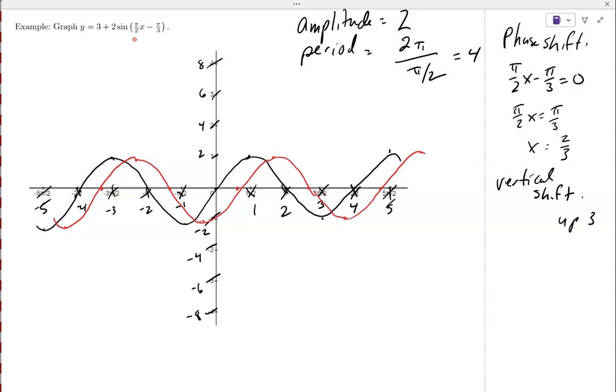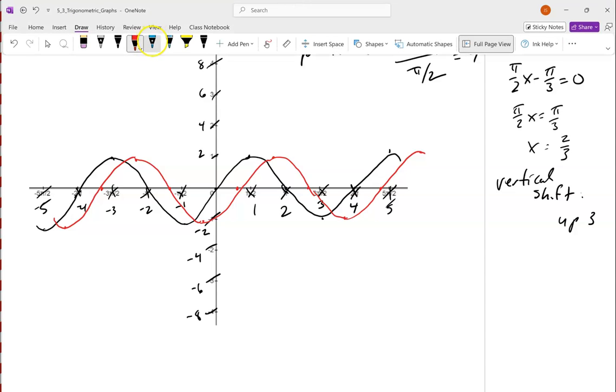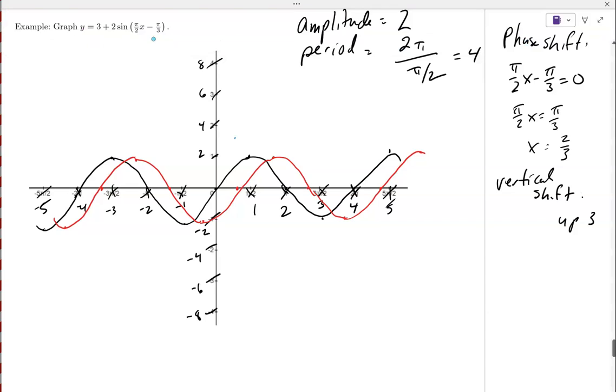And then finally, the last thing we need to do is go up 3, right? And again, based on the red graph now. So this number here that's at 0 would go up to 3. This number here that's at 2 would go up to 5. Back to 1.